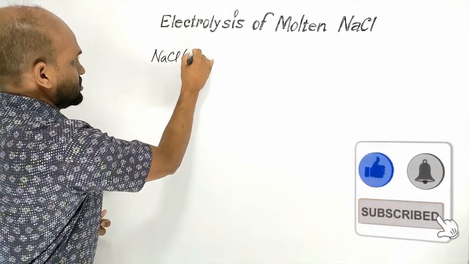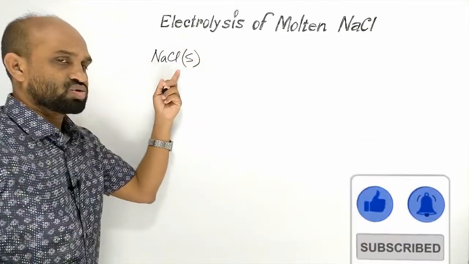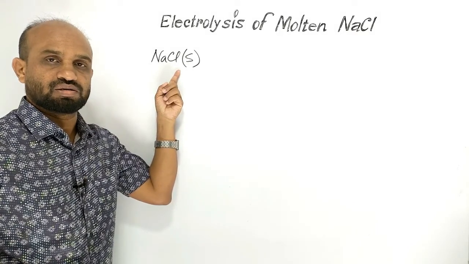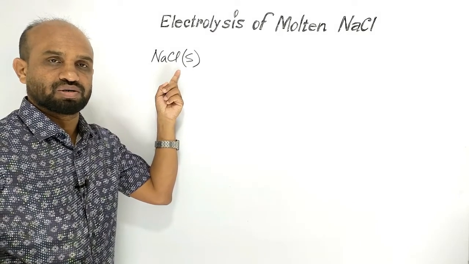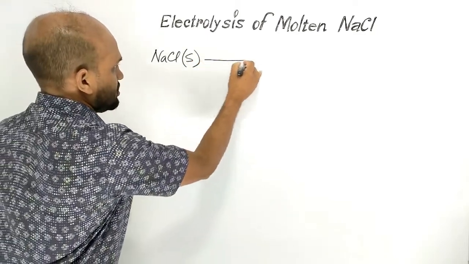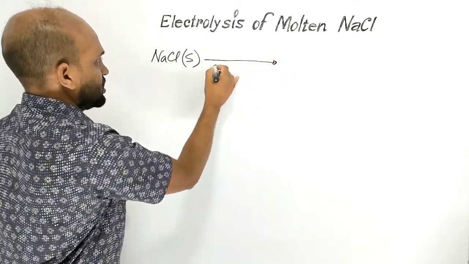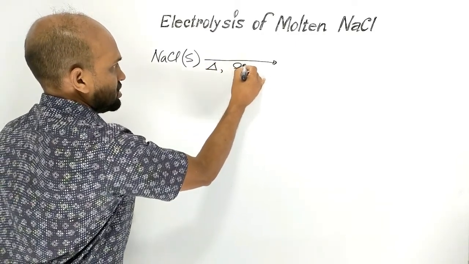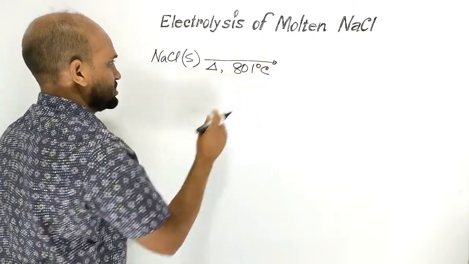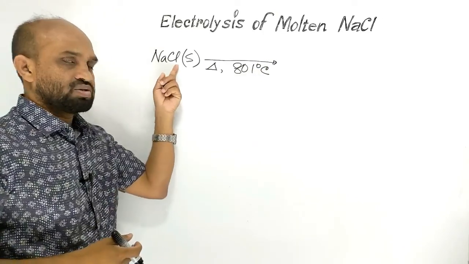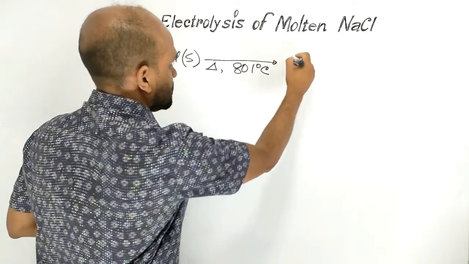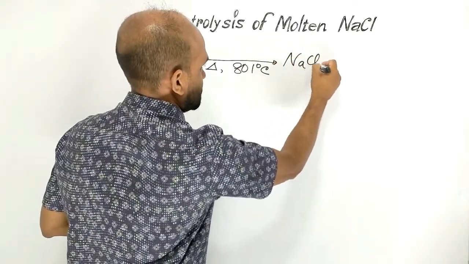Sodium chloride, which is solid at normal temperature, when heated at 801 degrees Celsius, turns into liquid sodium chloride.